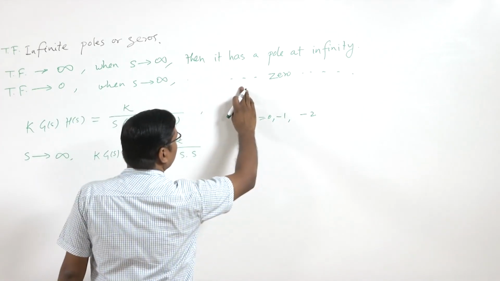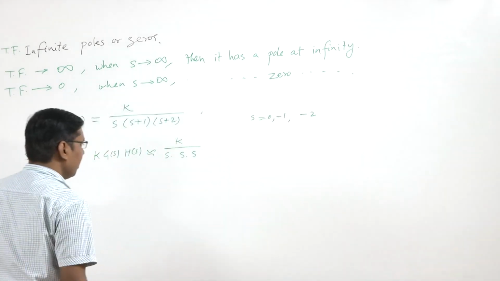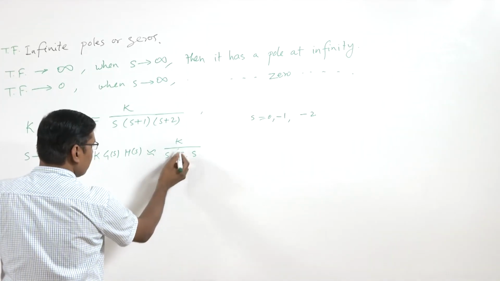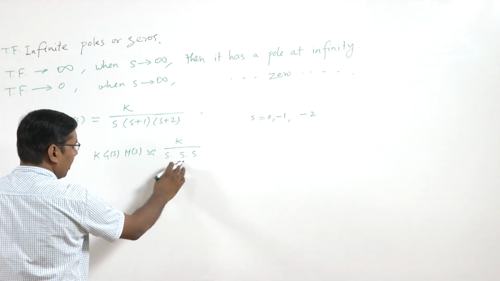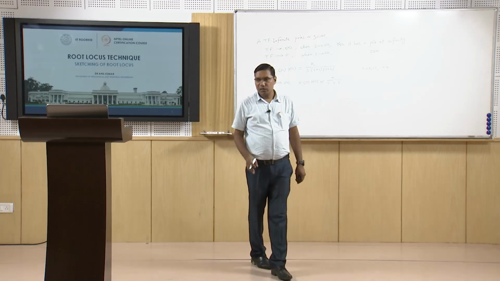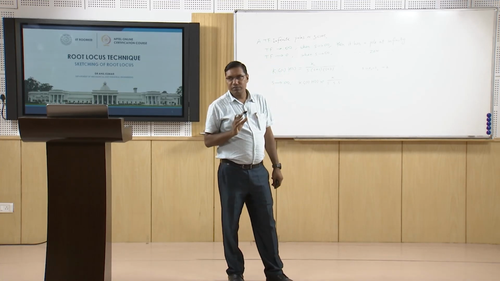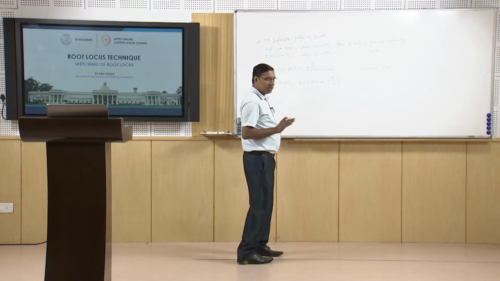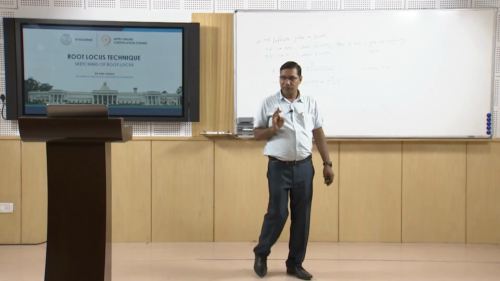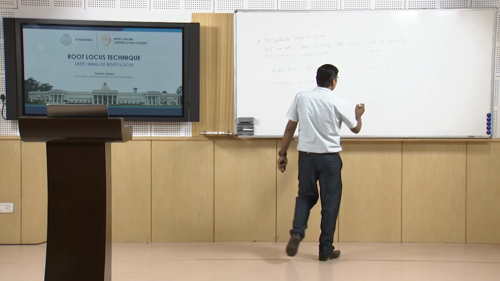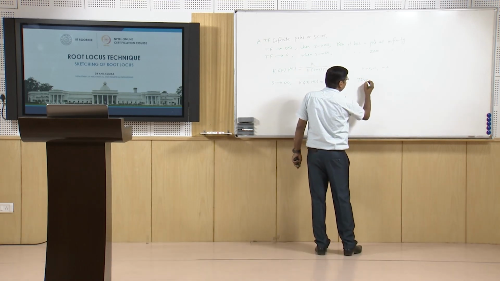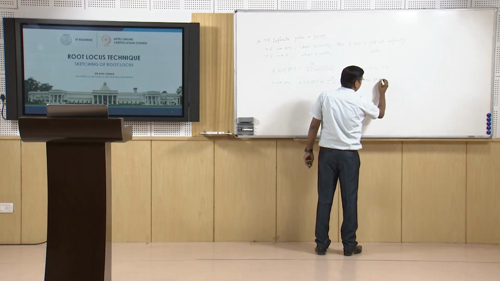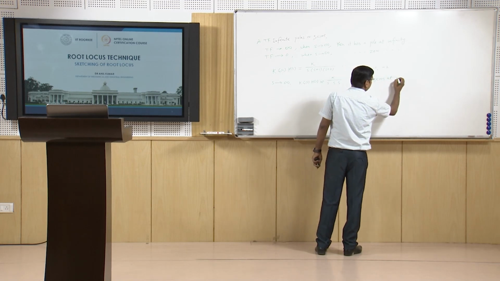Therefore there is a zero at infinity. So each s will cause 0 to the transfer function. There are 3 s, and these 3 s will cause 0 to this transfer function. So there are 3 zeros at infinity.